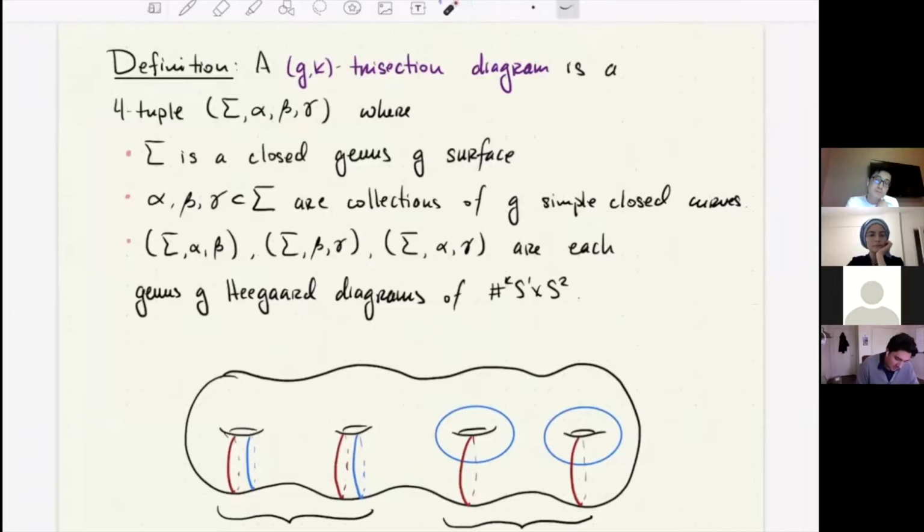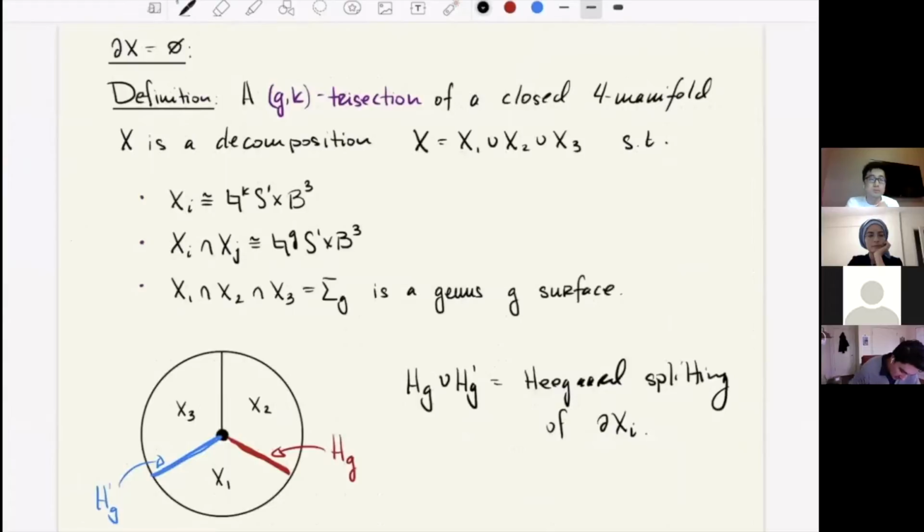One of the conditions is that each of the pairs of collections of curves, if we look at those without a third collection, they give us a genus G Heegaard diagram of k copies of S1 cross S2. Let me go back here to be explicit. The boundary of xi, here's xi, is really k copies of S1 cross S2.